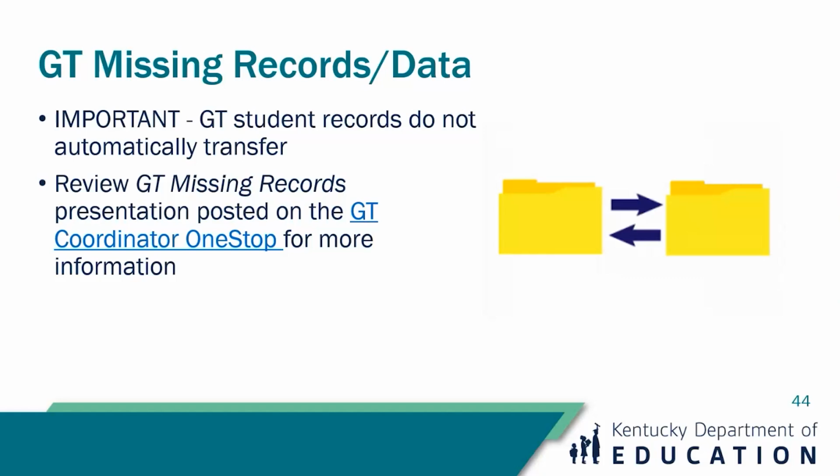They see that there's a line through GT records or documents, and that's not where the record is. When you see gifted and talented documents, that means that's where the GSSP is located or some other documentation that's coming over with the student. That's not where the record is. Always have your person make sure they click on the Kentucky State Import Wizard, Reporting Import Wizard for the GT record or records.